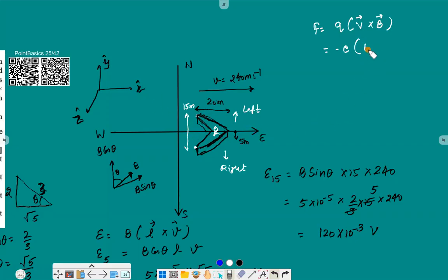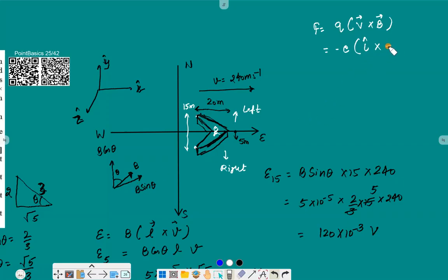So i. Now coming to the magnetic field. Now let's see for this 15-meter length. For this 15-meter length, magnetic field is going into the plane of paper, means in the negative z direction.